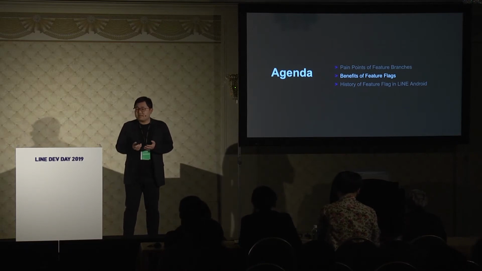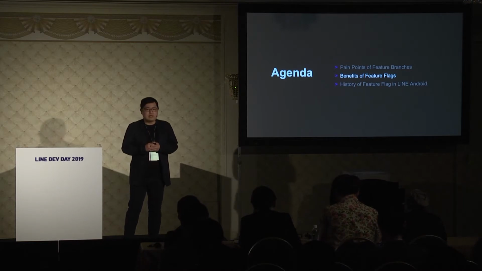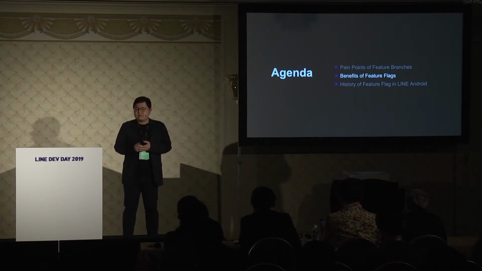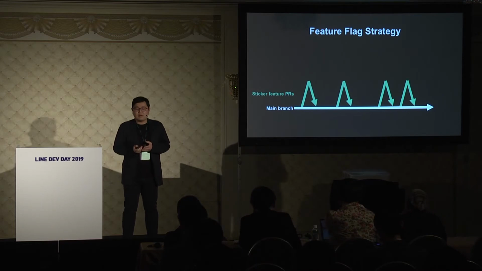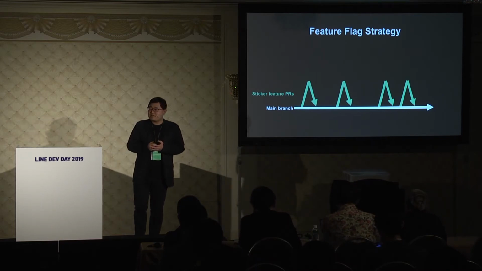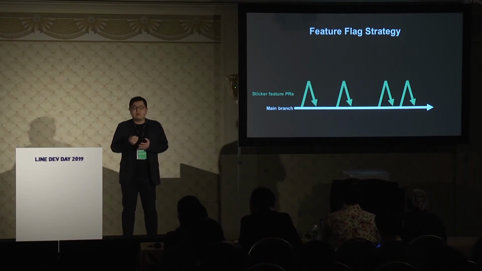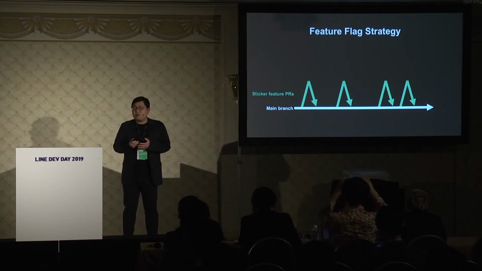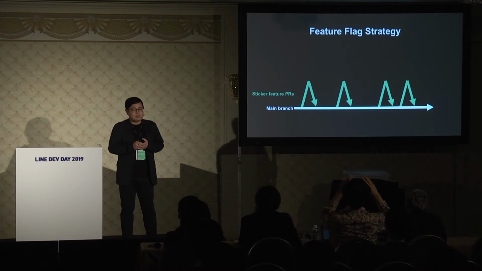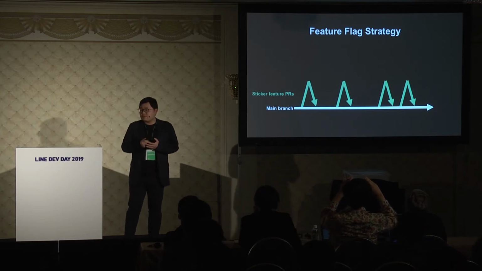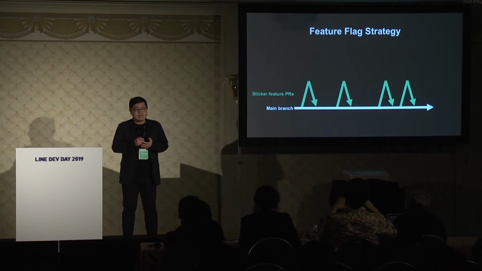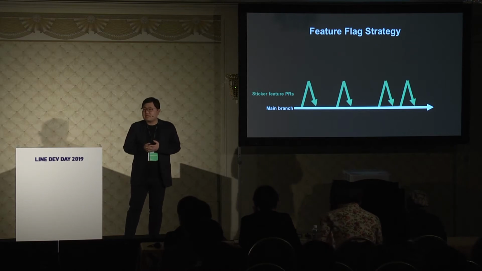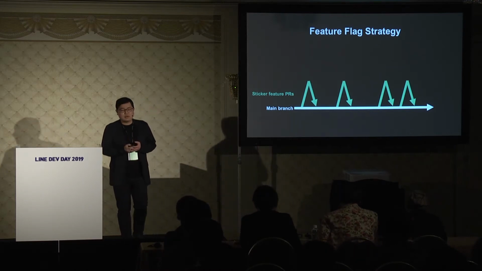With the feature flag development, I would like to touch upon what kind of benefit we can enjoy. Development with a feature flag: each new feature pull request is merged into a main branch, even though the feature itself is still under development.